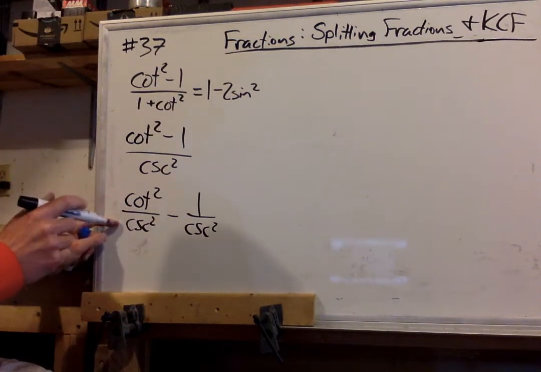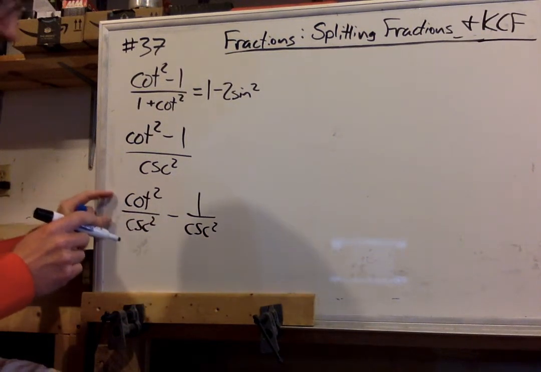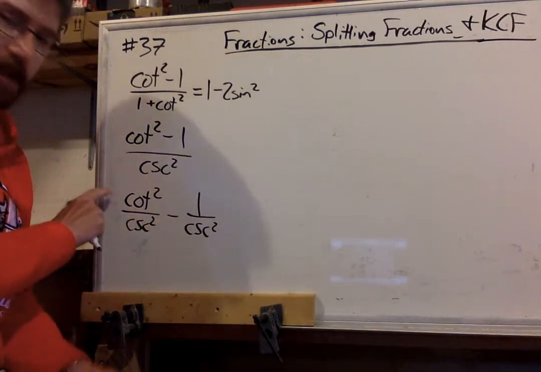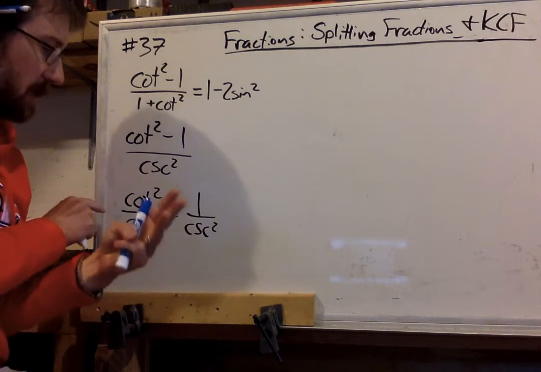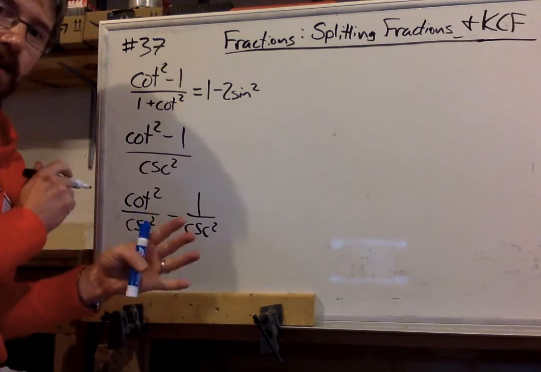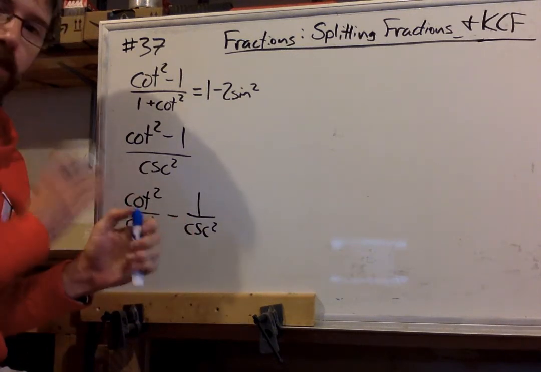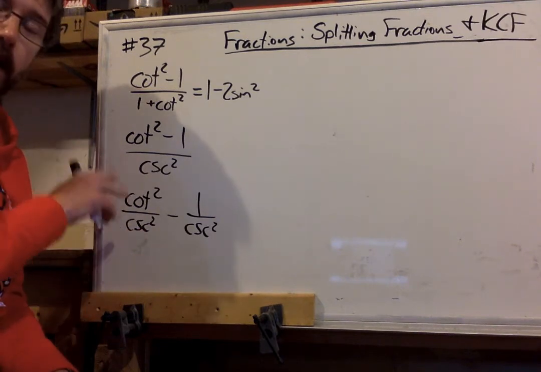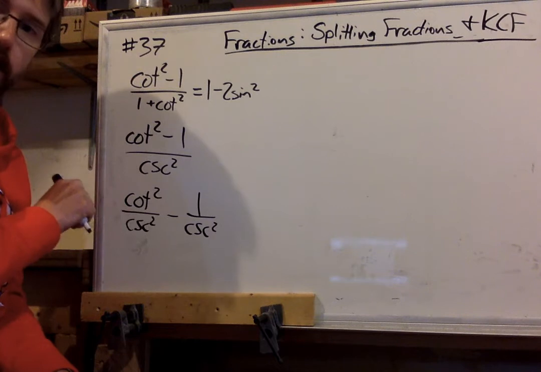Cotangent over cosecant. A fraction like this, anytime you have a fraction where there's cotangent, tangent, secant, cosecant, chances are the appropriate strategy is going to be to convert these to their sine, cosine forms and then use keep, change, flip.